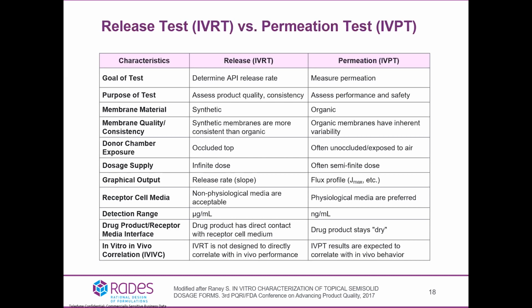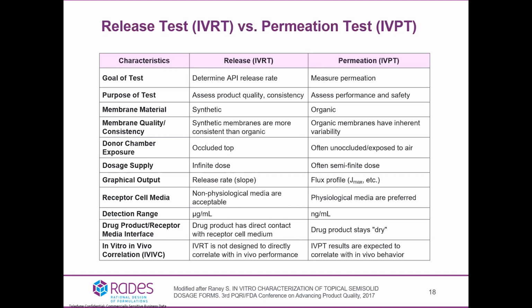For the donor chamber, IVRT is typically used with an occluded top, and IVPT typically or often is unoccluded, exposed to air. For IVRT, a finite dose is applied, so an excess amount of formulation, so that no transformation of the formulation takes place. For permeation testing, often a semi-finite dose is used. Ideally it would be finite, but this is typically difficult for the handling of the very low amounts that would be necessary.